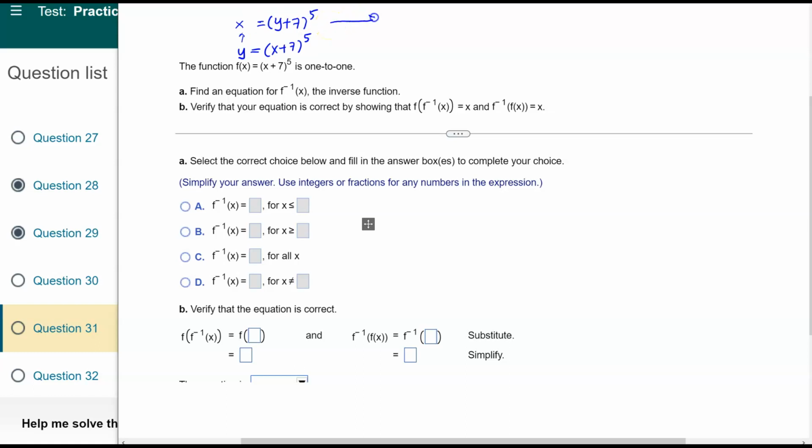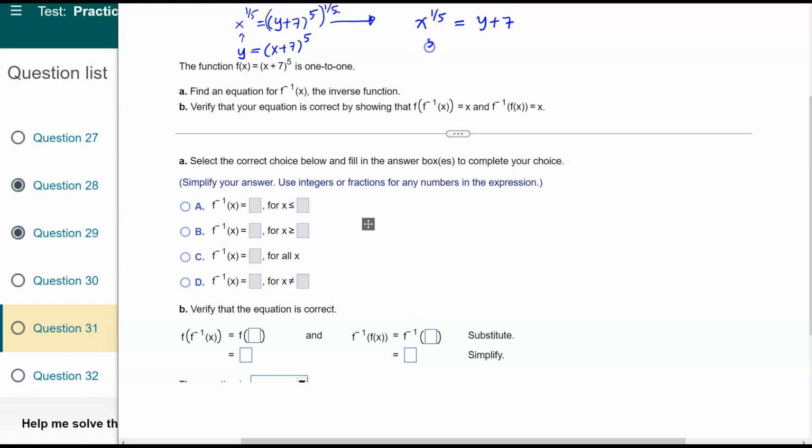Then you solve for y. How do you do that? First, you want to isolate y. Raise both sides of the equation to 1/5. So in other words, you have x to the 1/5 is equal to y plus 7, since the powers cancel.